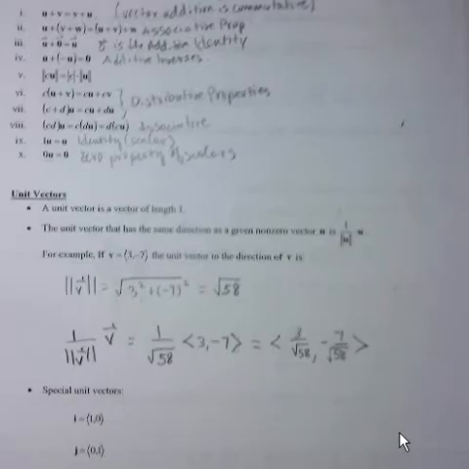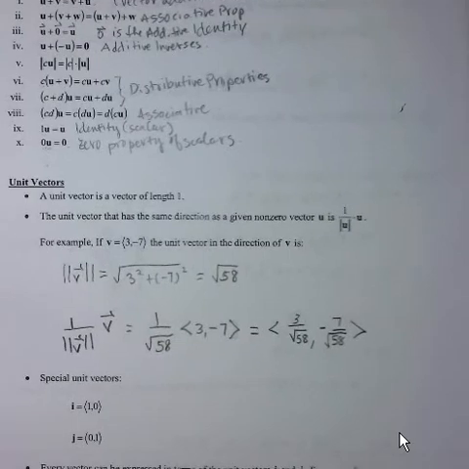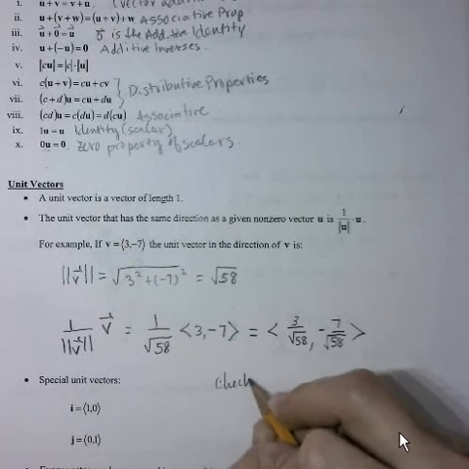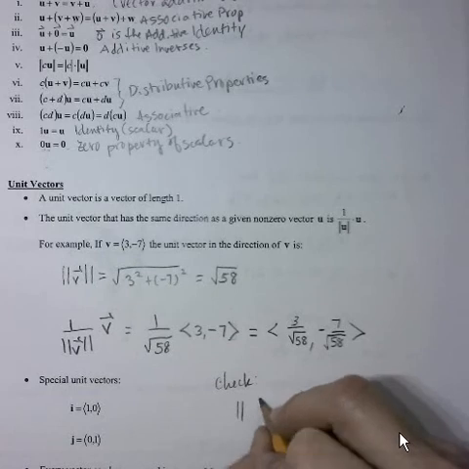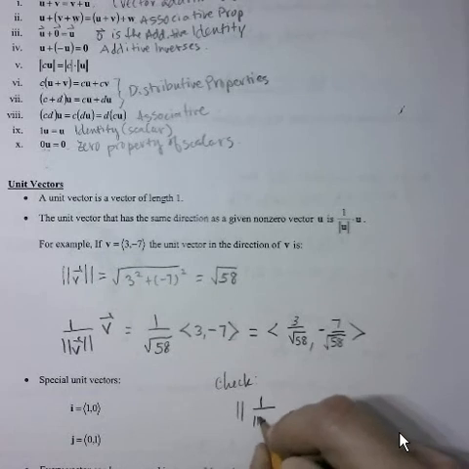And how would we check our work? We'll make sure that the magnitude of this resultant vector is 1. So check the magnitude of 1 over the magnitude of v times v, right?